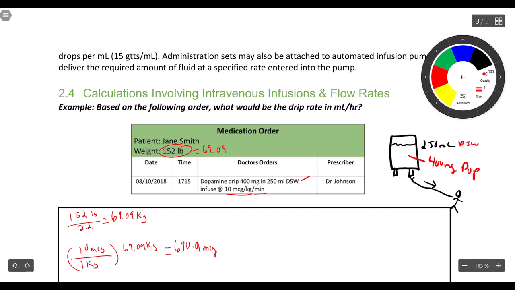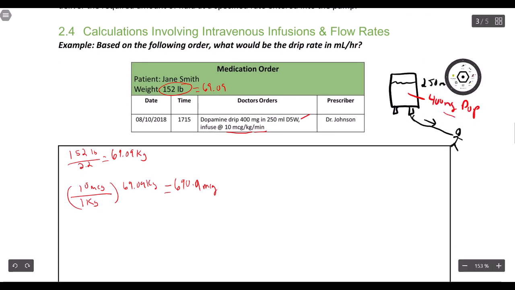Now, because the dose of the drug is in milligrams, I'm going to quickly convert this from micrograms to milligrams. I'm going to move the decimal point over 3, and this becomes 0.6909 milligrams.